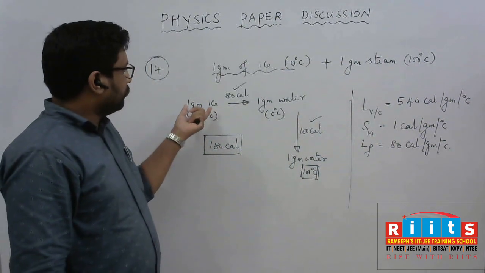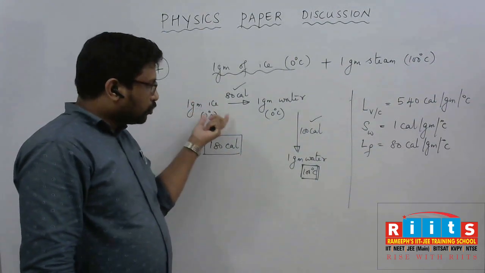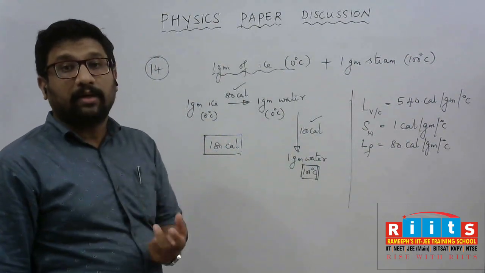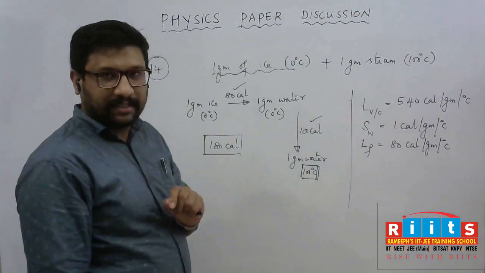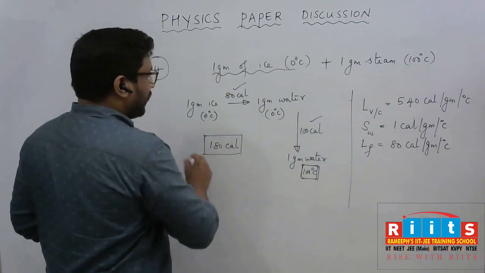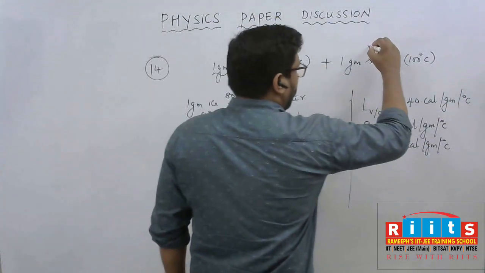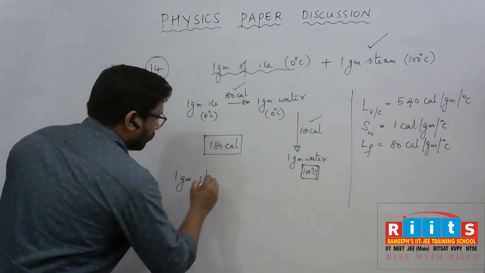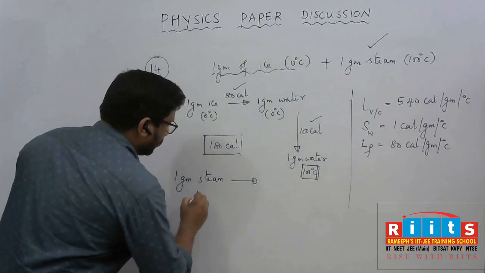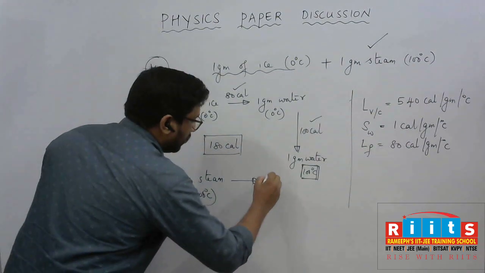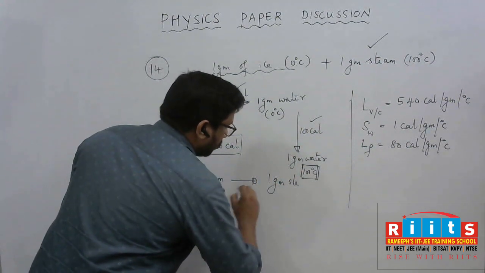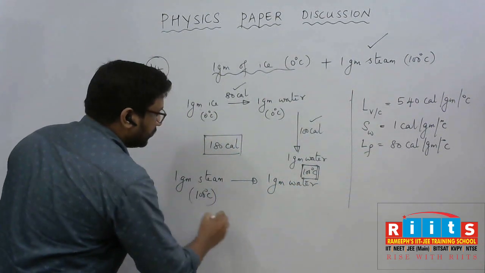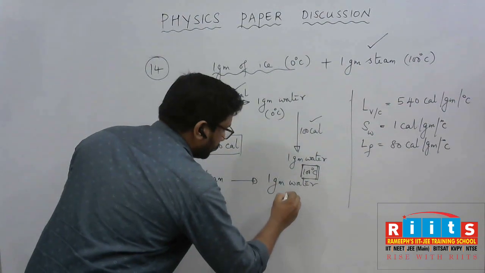That means for the fusion of 1 gram of ice to 1 gram of water at 100 degrees Celsius, the total demand of heat is 180 calorie. Let's say this demand is sufficiently supplied by the conversion of steam. 1 gram of steam at 100 degrees Celsius is condensing and forming 1 gram of water at 100 degrees Celsius.